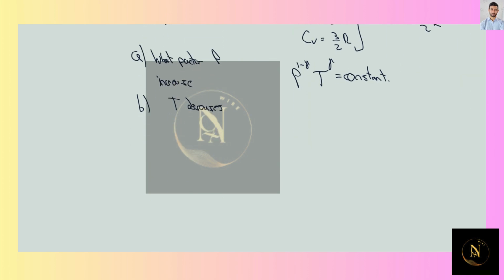So on the first part, for A, we're going to use the expression that I employed initially. P1 V1 to the gamma is going to be equal to P2 V2 to the gamma. Thus, the final pressure P2 would be equal to V1 over V2 to the gamma times P1.